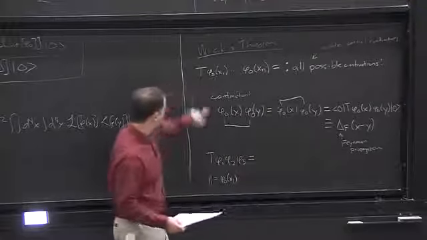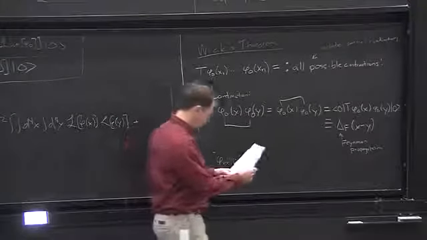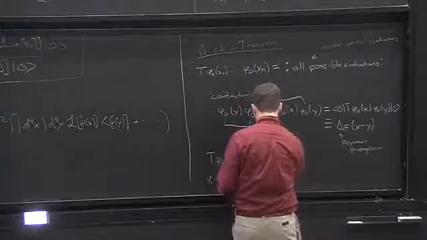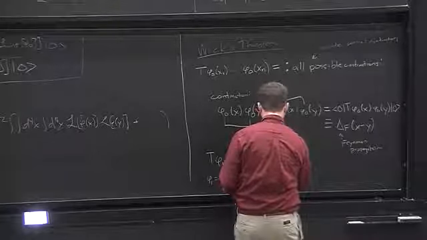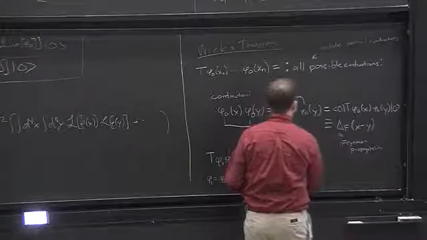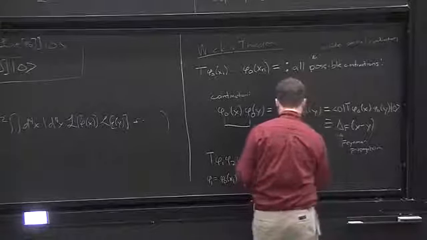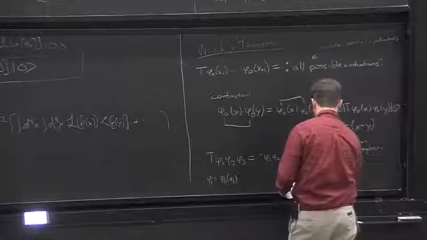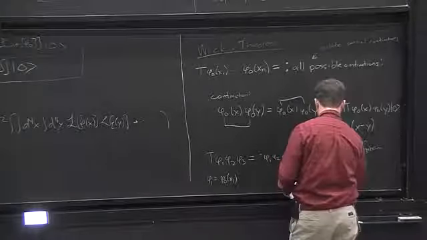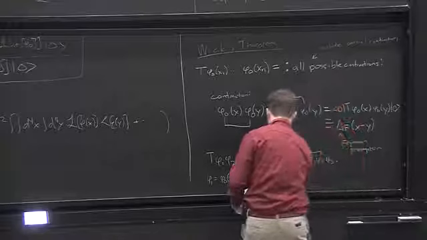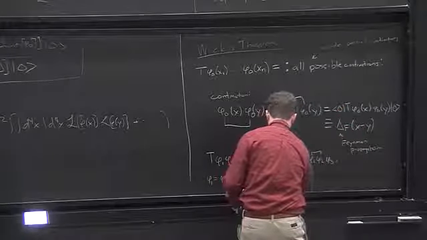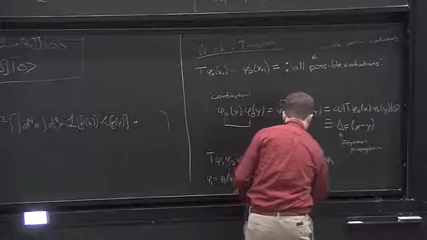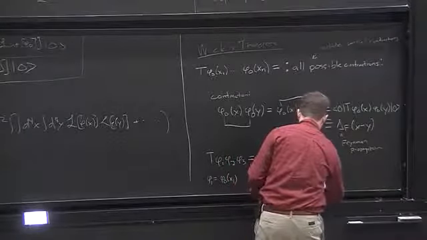What this statement says is that the time-ordered product of 3 fields is equal to the normal ordered product of 3 fields plus the normal ordered product of the 3 fields with 1 and 2 contracted, plus the normal ordered with 1 and 3 contracted, plus the normal ordered product with 2 and 3 contracted.